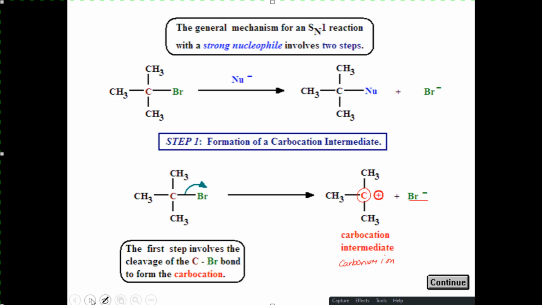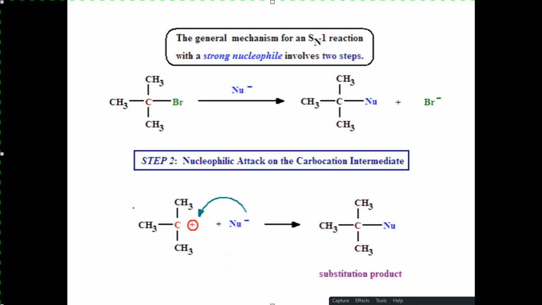Now, what happens in the next step of the mechanism is that the nucleophile will come in and take its pair of electrons and donate it to the carbocation. The carbon has 6 valence electrons. It would love to share 8. The nucleophile has a lone pair that it can donate, and in the process we form a carbon-nucleophile bond.